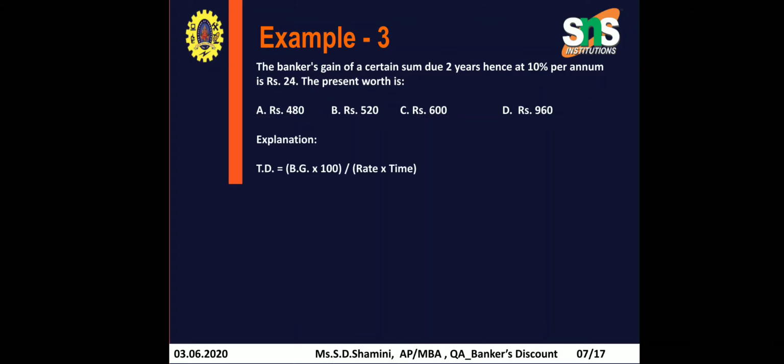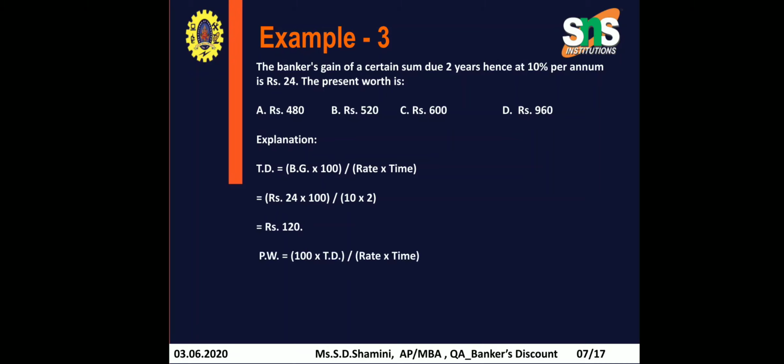Before you calculate the present worth, you have to calculate the true discount, which is calculated using the formula banker's gain into 100 divided by rate into time. So 24 into 100 divided by 10 into 2. If you calculate this, you will get rupees 120.